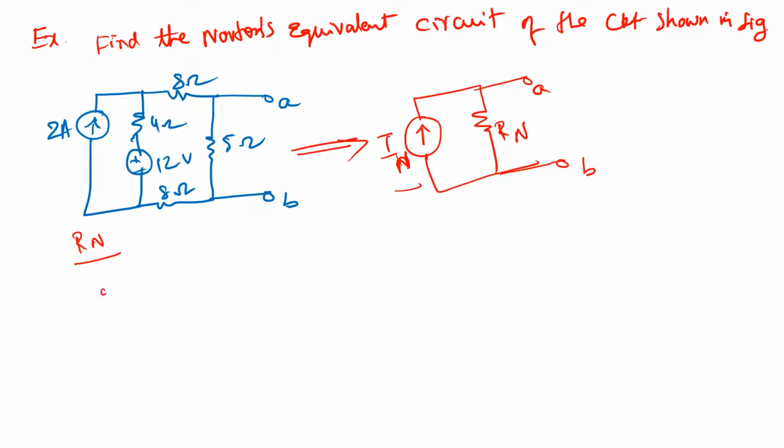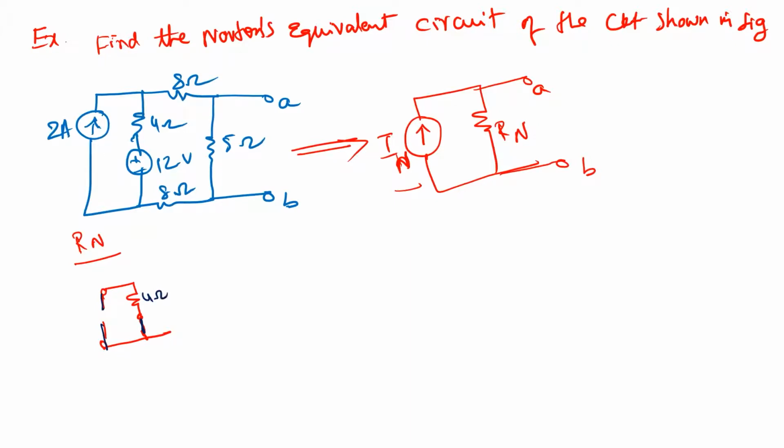The current source is there, so it becomes an open circuit. Then there is a resistor, and the 12 volt voltage source will be shorted. So this is shorted here, this is an open circuit, and this is the 4 ohm.